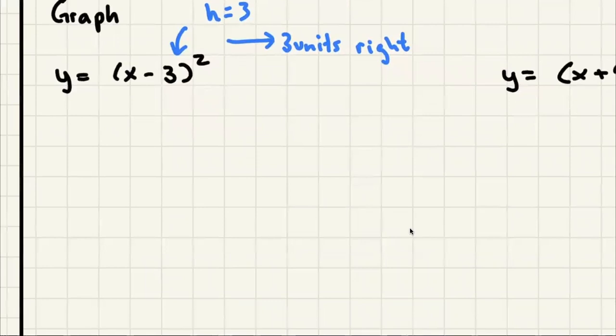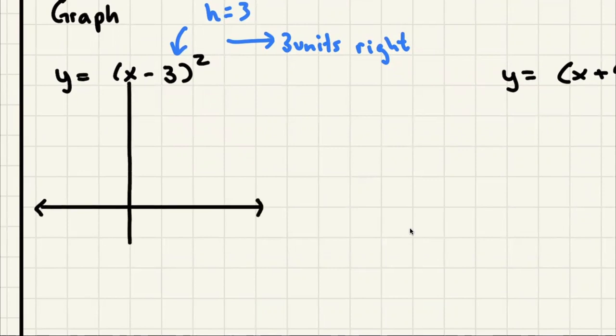So let's go ahead and graph our function. Remember, we always start with the parent function. Our parent function is (0, 0), (1, 1), (-1, 1), (2, 4), (-2, 4). This is our original function, and once again, you do not need to draw this one. This is just to illustrate what's going on. So we're going to shift to the right 3 units.